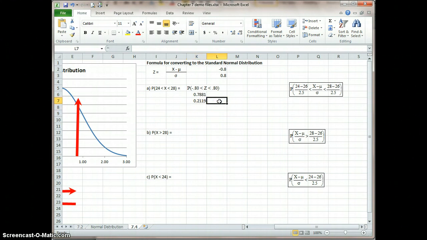So that's page 309 for minus 0.8 and 0.00, and page 310 for 0.8 and 0.00.